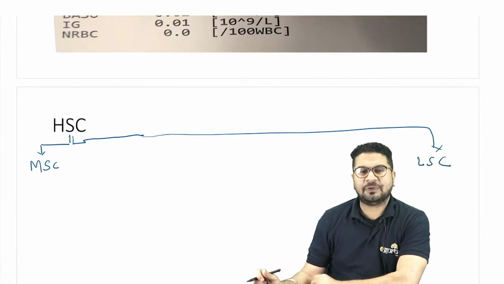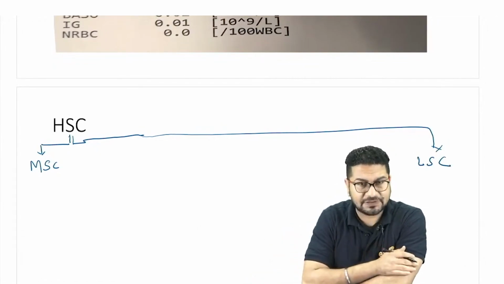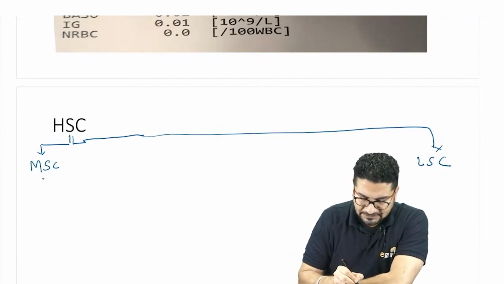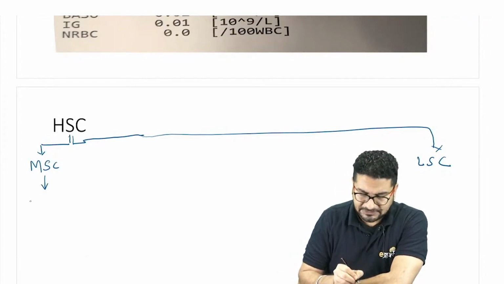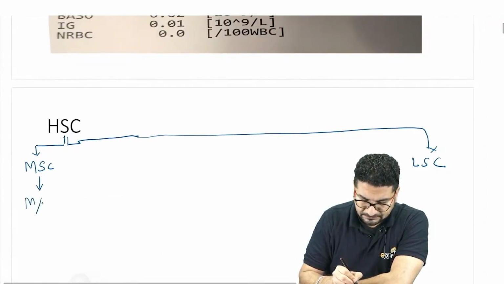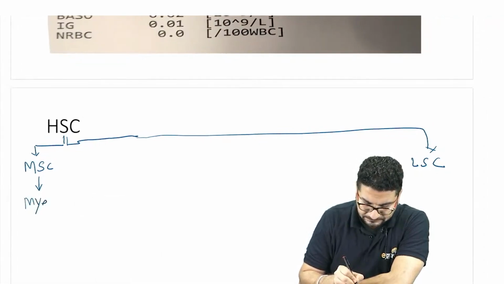So we divide hematopoietic stem cell into myeloid stem cell and lymphoid stem cell. This myeloid stem cell will produce myeloblast.